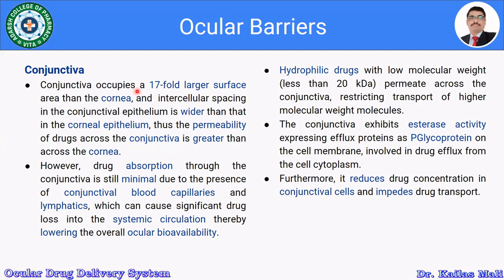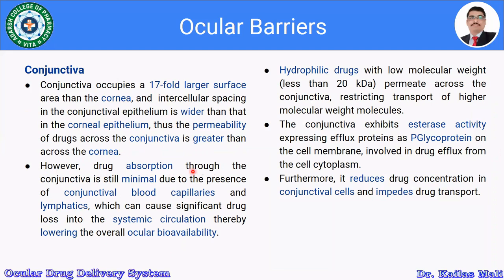The conjunctiva occupies a 17-fold larger surface area than the cornea, and intercellular spacing in the conjunctival epithelium is wider than that of the corneal epithelium, hence we get good permeability to hydrophilic drugs. Thus, the permeability of drug across the conjunctiva is greater than the cornea.